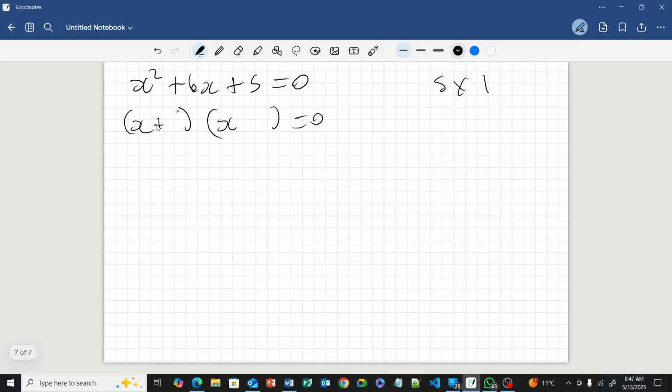You can simply put plus 5 and plus 1, because 5 plus 1 will still give you a 6. If you multiply this, it will give you x squared, 1x and 5x, add them together, 6x. So this looks like it's correct. Then you get your x values: this is not completing a square, by the way, I'm doing the previous method. Then we'll get x is equal to minus 5, or x is equal to minus 1.